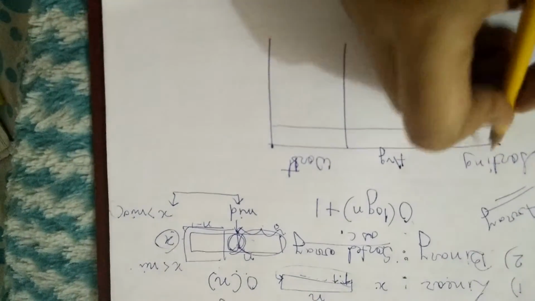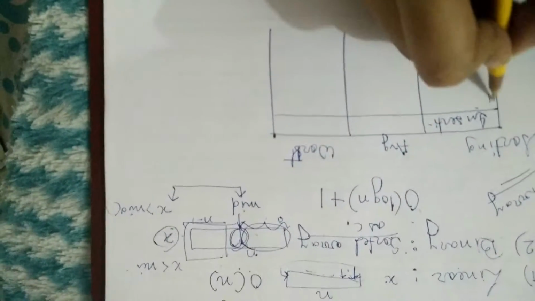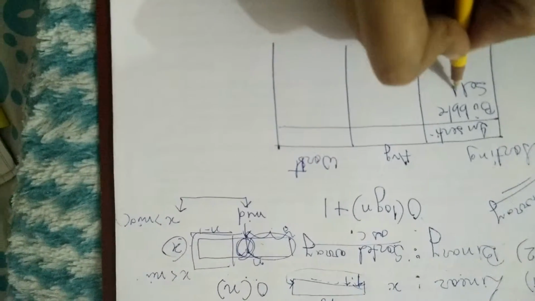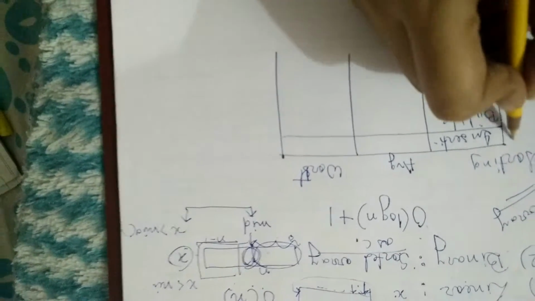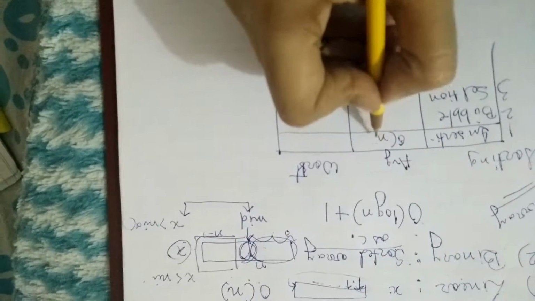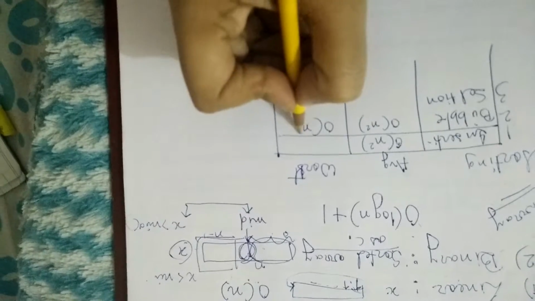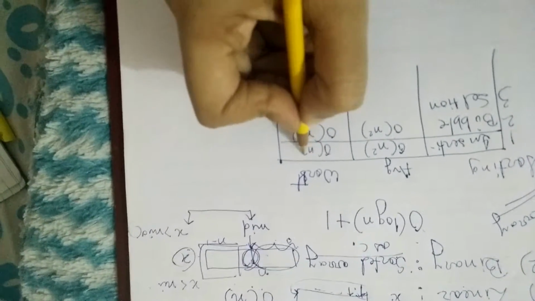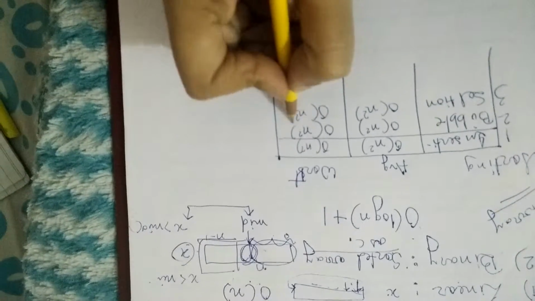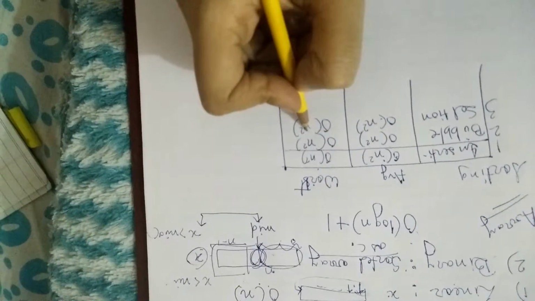We will start with insertion sort, bubble sort and selection sort. For all these three sorts, the average as well as worst case complexity is order of n square.